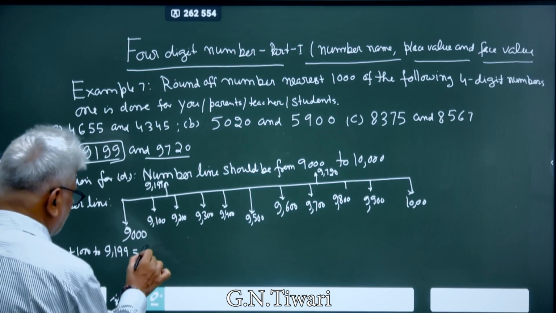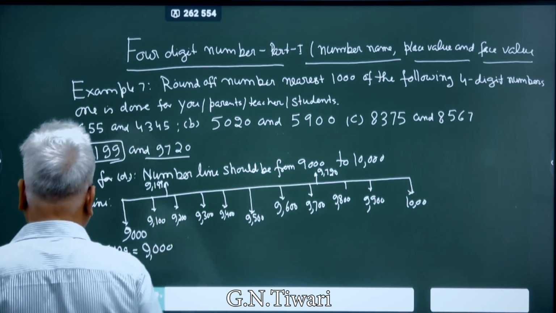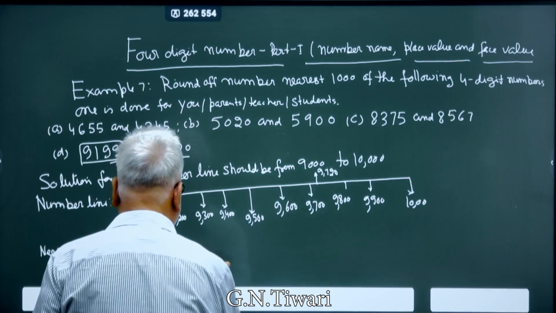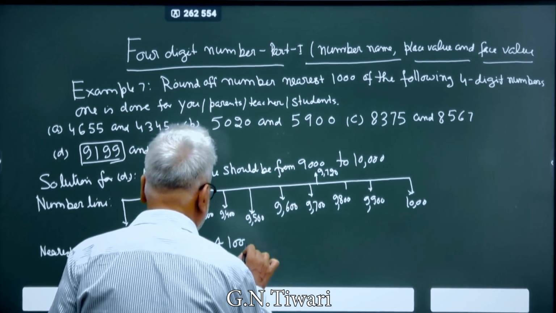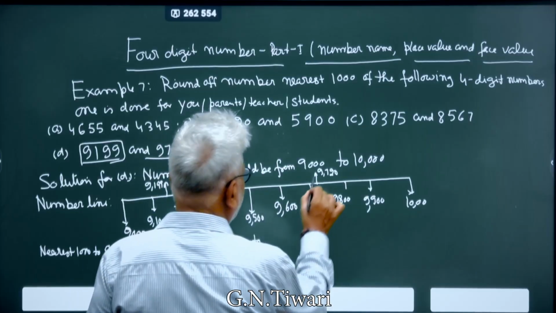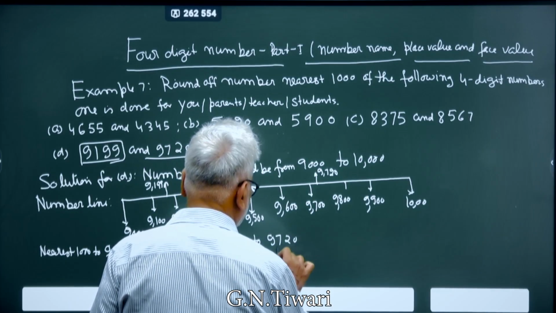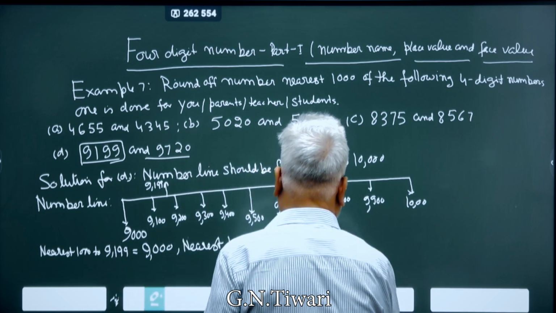Nearest number is 9000. अब देखिए, again I am talking the nearest 1000 to 9720. इसका नियरेस्ट कौन पड़ेगा? 10,000.